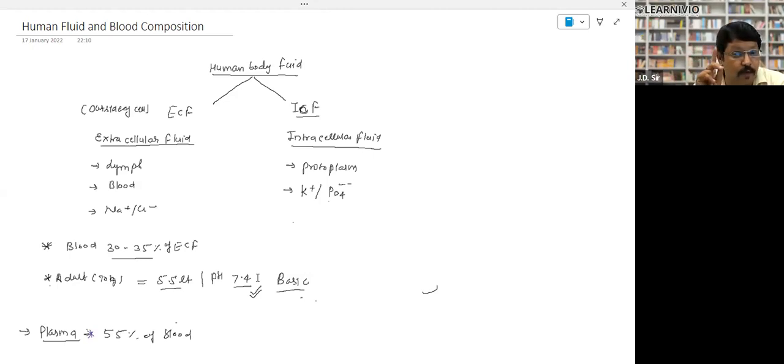You may get this question in the form of a statement as well: deoxygenated blood is slightly more acidic than oxygenated blood. Fine.